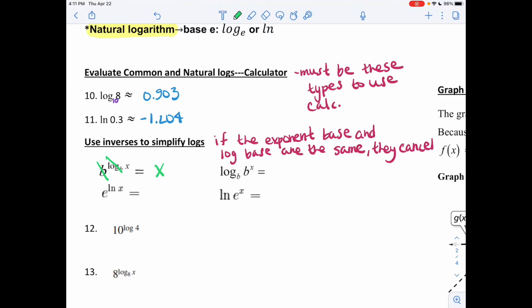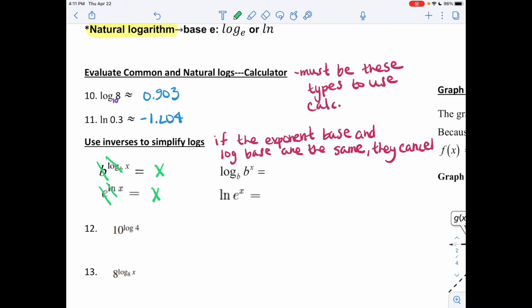The same thing works for natural logs. The base e and natural log are going to be inverses, and so they will cancel as well. So if I have an e base, and remember natural log is log with an e base, those cancel, and again, I get an x.